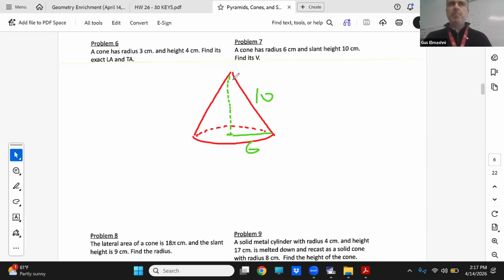Can I move away from the screen? Okay, that's how it should look, right? Should look like that. I can work it out now.